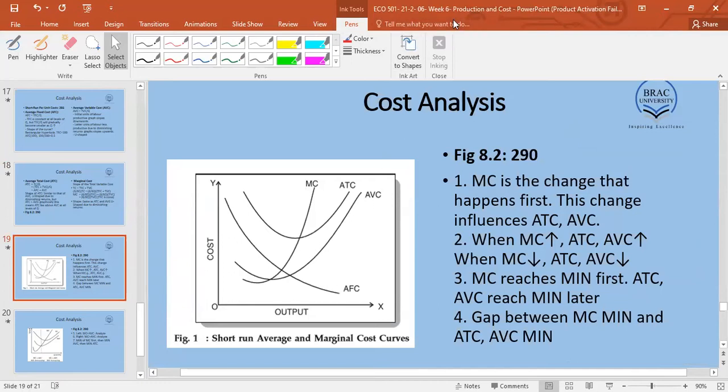Now, why is the cost curve U-shaped? If production is inverted U, cost must be U-shaped. Initial units of labor are more productive. That means they are more cost effective. Later units of labor are less productive. That means they are less cost effective.